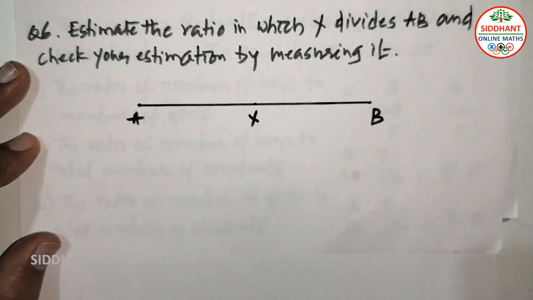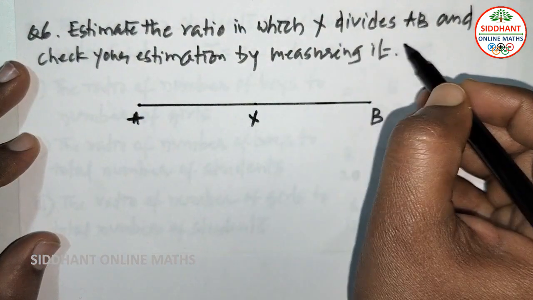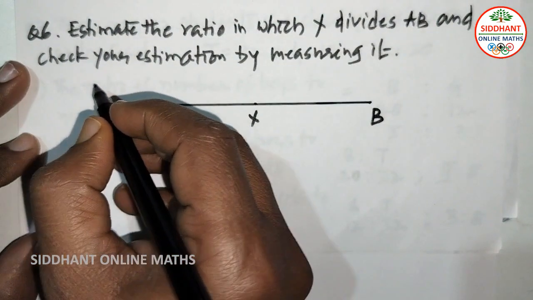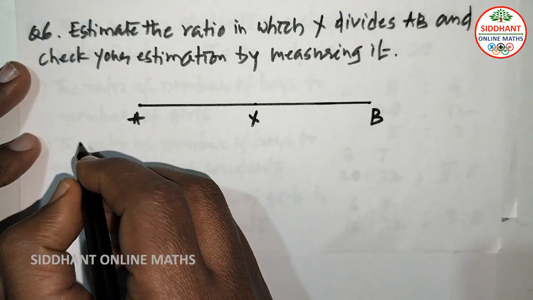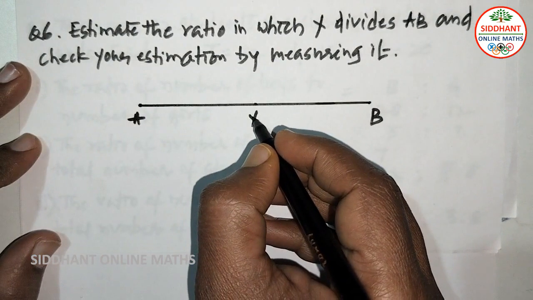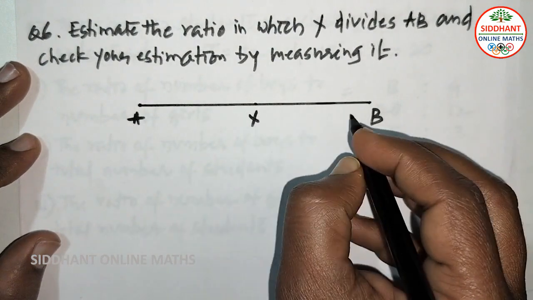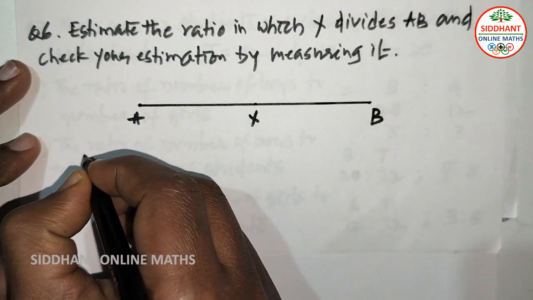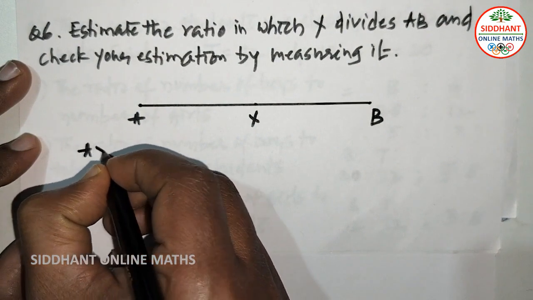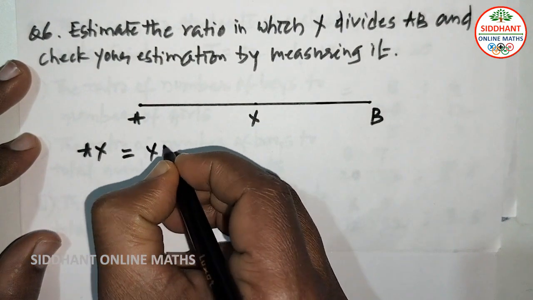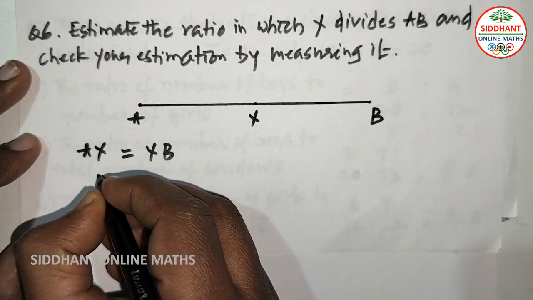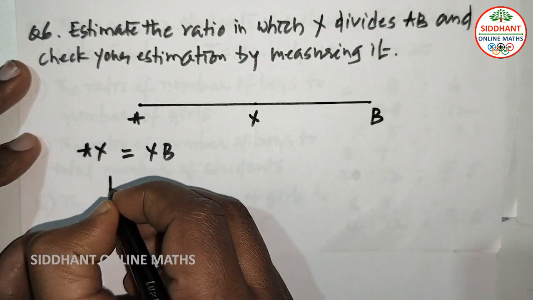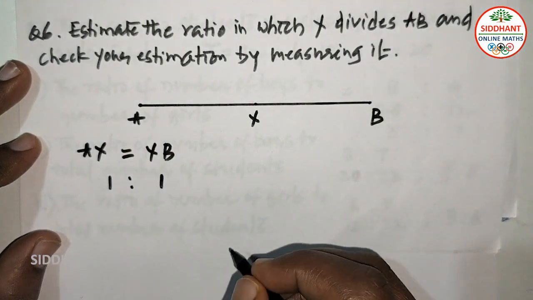Question number 6. Estimate the ratio in which X divides AB and check your estimation by measuring. So X here divides AB into 2 equal parts. If AX is equal to XB, then we can say that AX and XB are in the ratio 1:1.